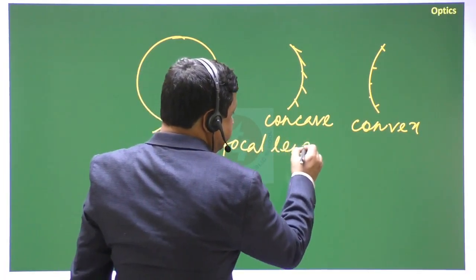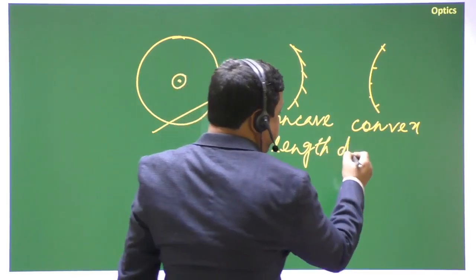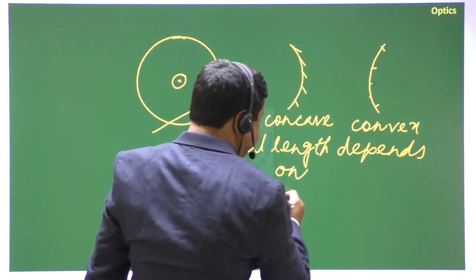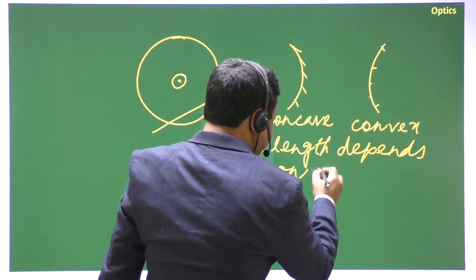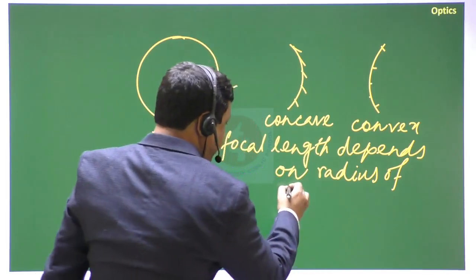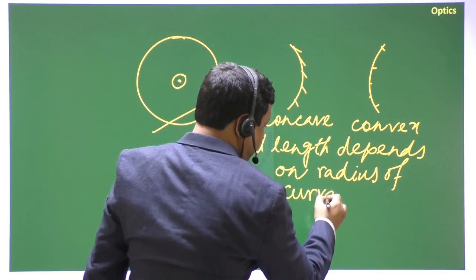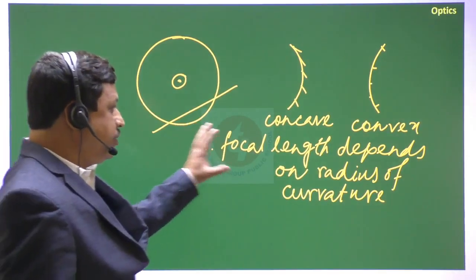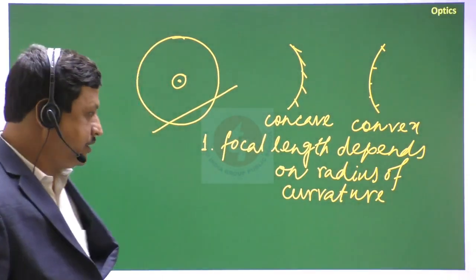Focal length depends on radius of curvature. This focal length only depends on the radius of curvature.